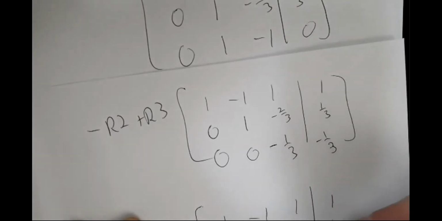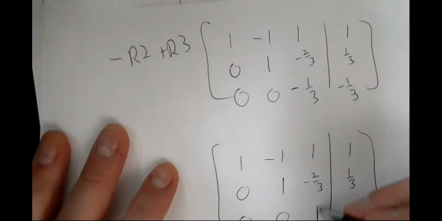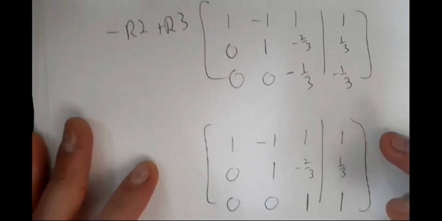So this is one of those things where, depending on how the problem is structured, there might be easier or harder ways to go about it. If this is minus 1/3, this is minus 1/3, we're going to divide both of those things by the same number.